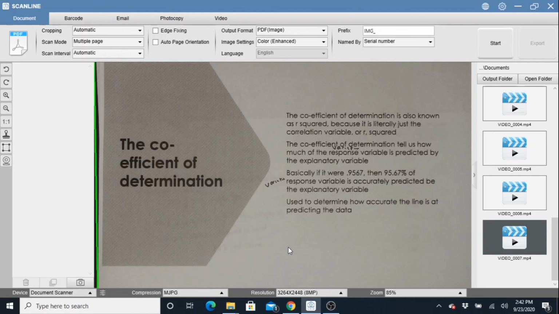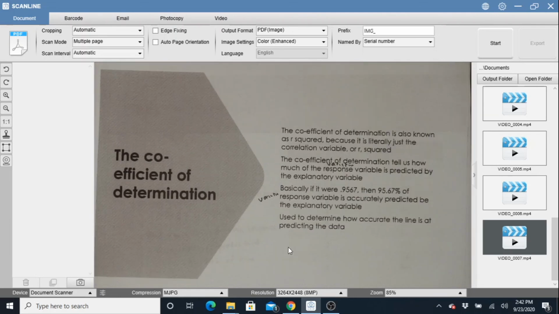Well, there's another way of looking to see if the line is good, and this is called the coefficient of determination. It's also known as r squared because it's literally just the correlation value squared. So the coefficient of determination tells us how the response varies with the explanatory variable.